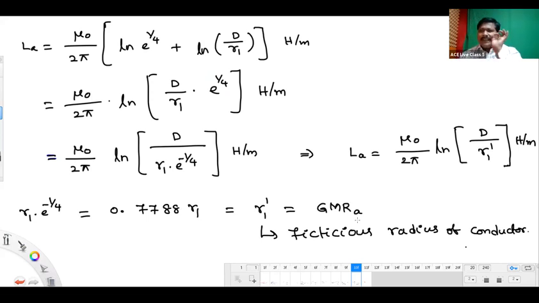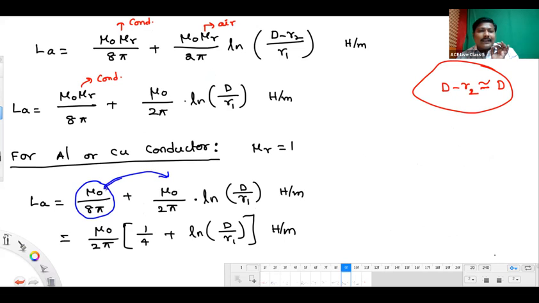Simply by the addition of internal inductance to external inductance, I am getting a term like GMR. So GMR does not have any physical significance at all. It is simply a mathematical term coming in our derivation. Following all of you, this clarity you should have.